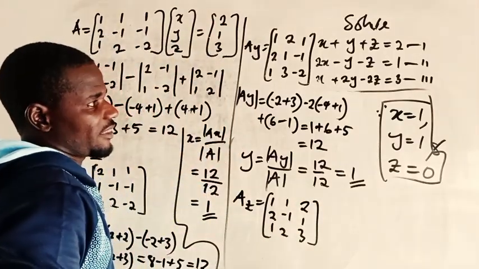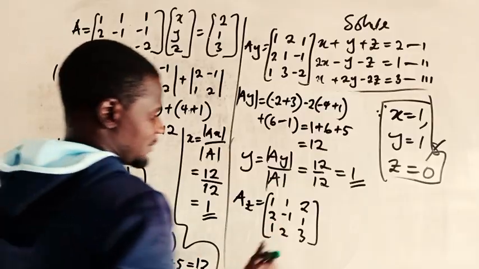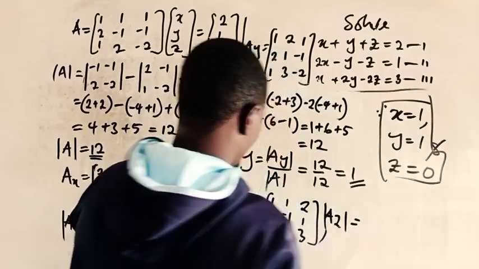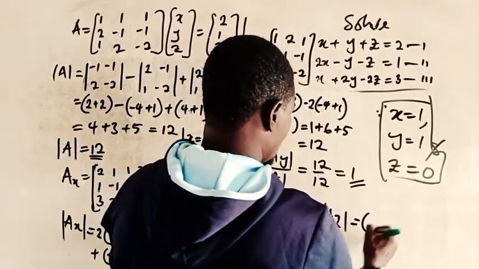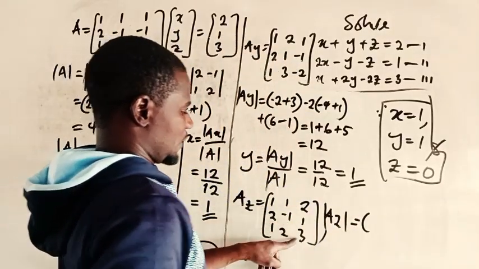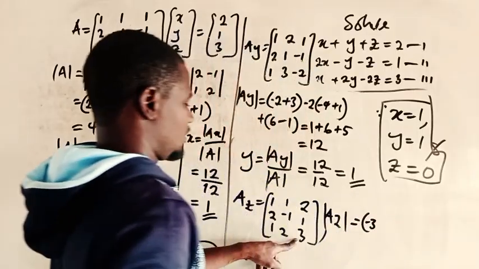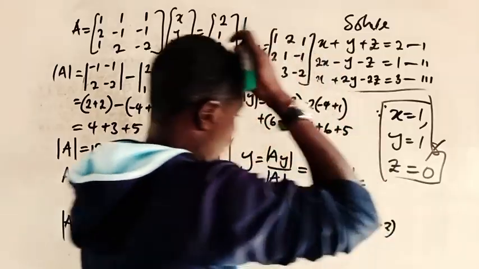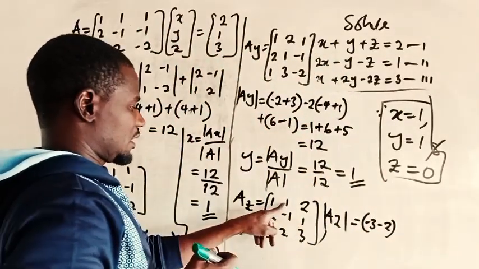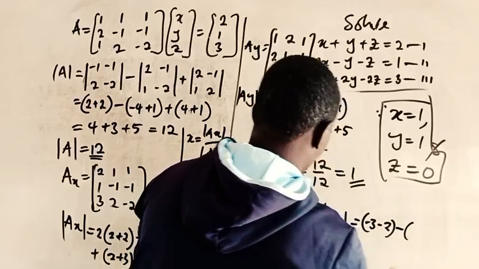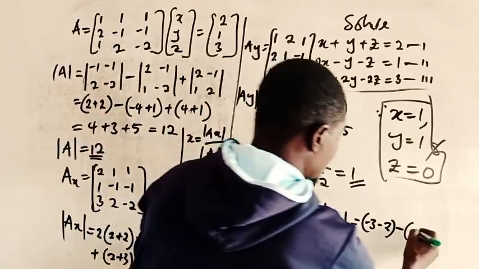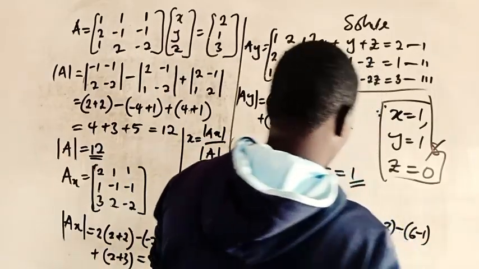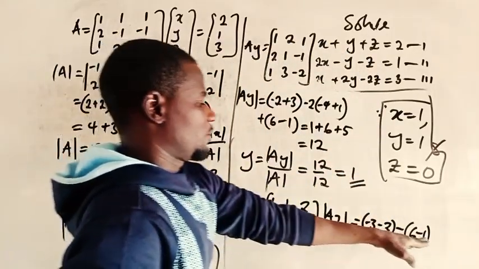Now let's find the determinant of this matrix. The determinant of A z equals, the first cofactor is 1, plus 1, then we close using minus 1 times 3 is minus 3, then 2 times 1 is 2, so minus 2 again. From here, we take the next cofactor, which is negative, and open bracket: 2 times 3 is 6, then minus 1 times 1 is minus 1.